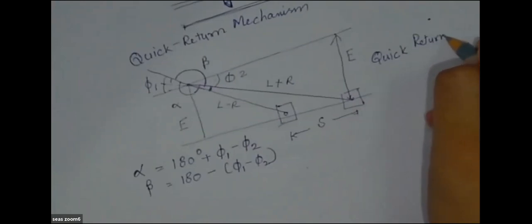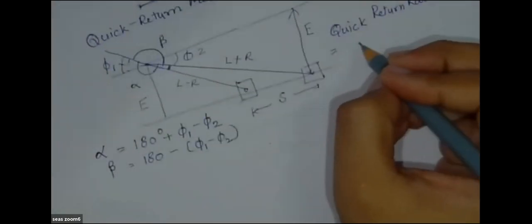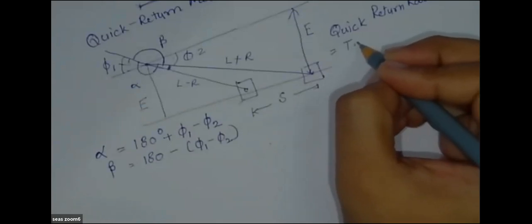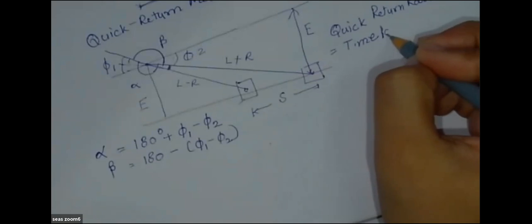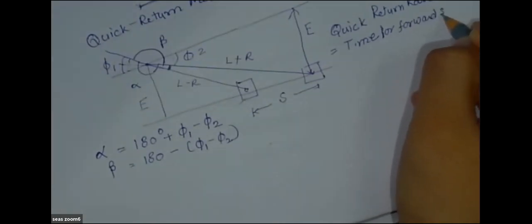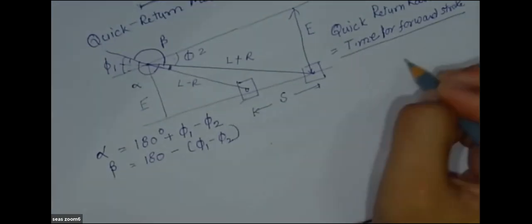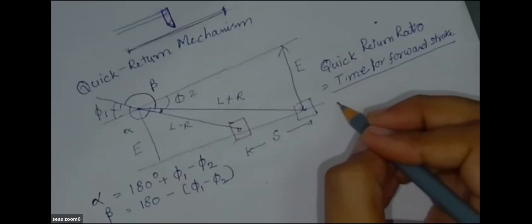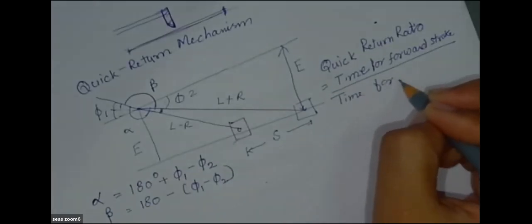And quick return ratio is nothing but the time for cutting stroke to time for return stroke, that is, time for forward stroke to time for return stroke.